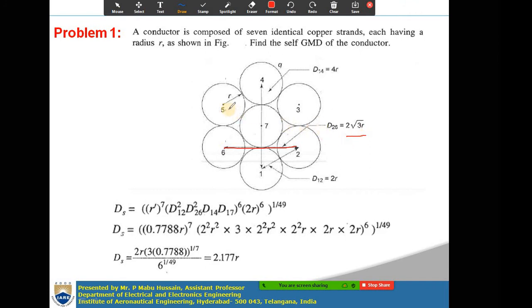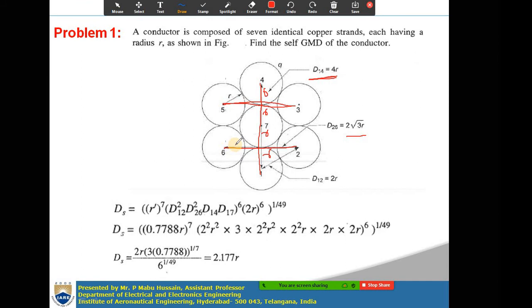In a similar way here also 3 to 4, the 3 to 4 distance is also 2 root 3 r. And this total distance, this is r, this is r, this is r and this is r, the total is 4r. Like that you have to calculate all the distances.